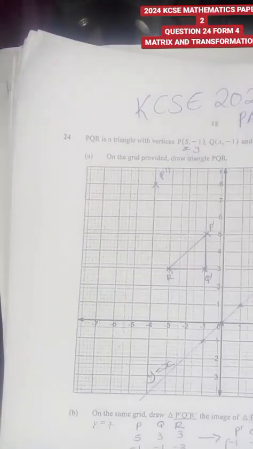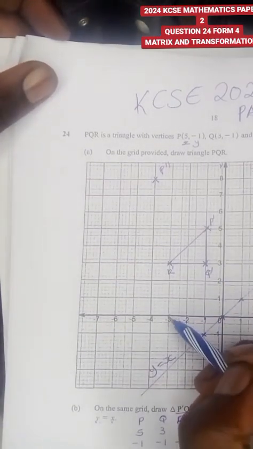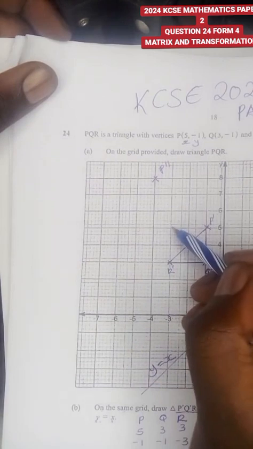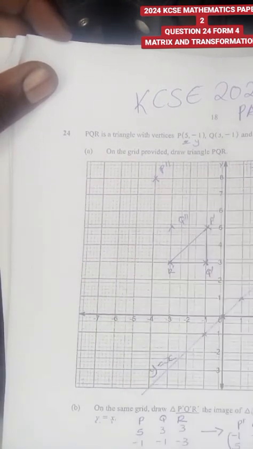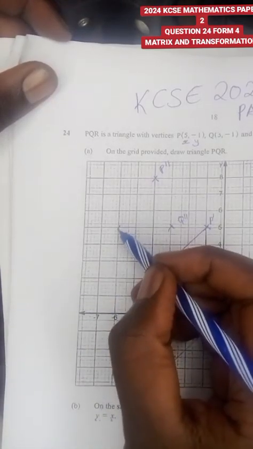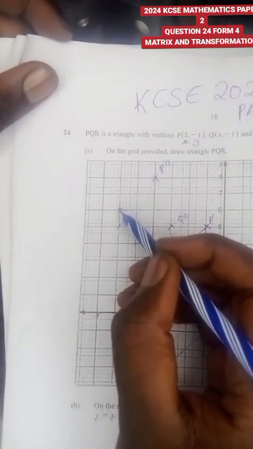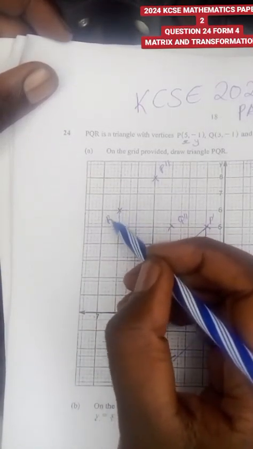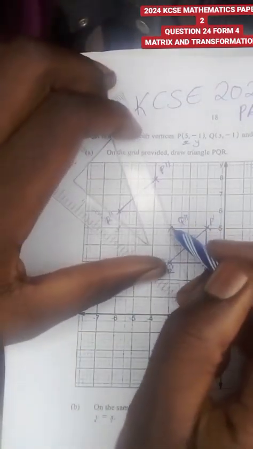Then R'', we have -6, 6. Oh, 6 is here. So that is R''. Then you join using your ruler. And that is how that question was supposed to be done.